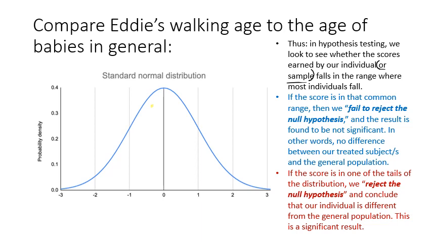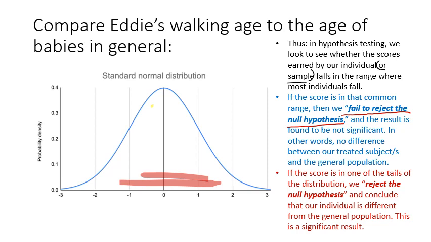If the score is in that common range, like in the case of Eddie, then we say we fail to reject the null hypothesis. So we don't reject the null hypothesis. The researcher is sad. There's not a significant result. We are saying in the end, our special person is no different than the general population.